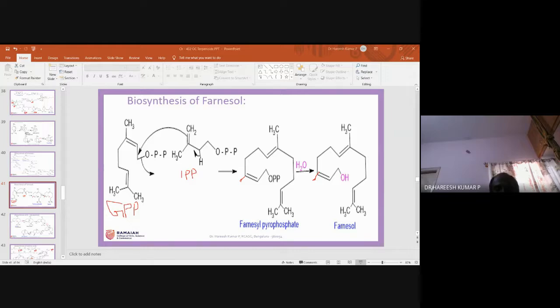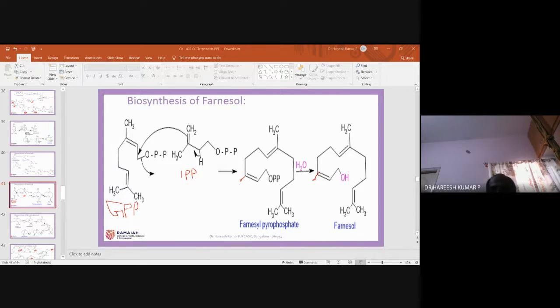This farnesyl carbocation forms a bond. How? This double bond present over here can form a bond with this carbocation, forming an intermediate like this. You know that this is the primary carbocation and this carbon is a tertiary carbocation, so this may be more stable compared to this one.